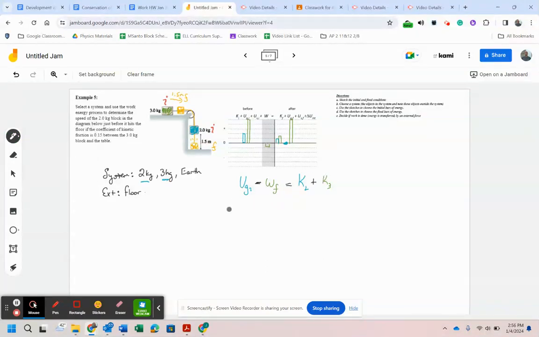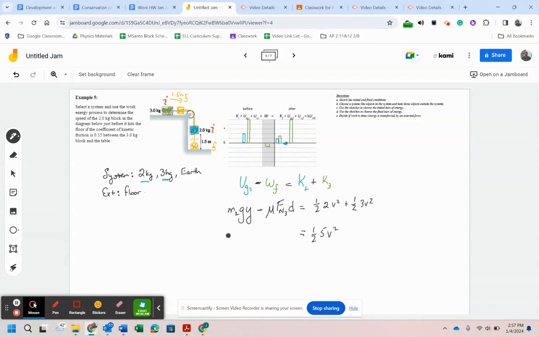So mathematically, I am going to have m2g times the height minus friction, so mu times the normal force, but the normal force on 3, times the distance it traveled, is equal to 1/2 times 2v squared plus 1/2 times 3v squared. All right, so I can rewrite this as 1/2 5v squared.